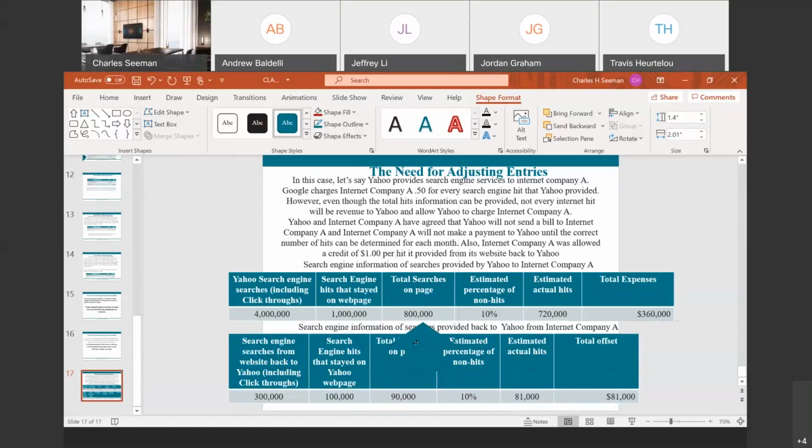Only 800,000 searched on the Walmart page. Of those 4 million people, 1 million actually stayed on the website, and of those, 800,000 did a search on the website. For example, they went into one of the departments.